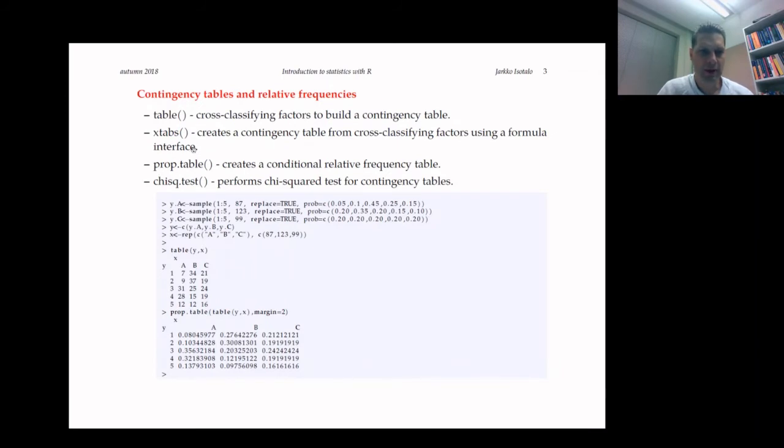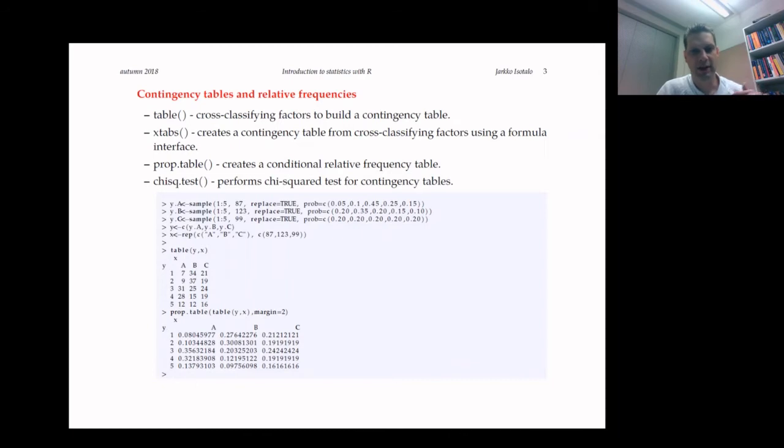And then there's an important function, prop.table, which creates the conditional relative frequencies we need to make our inference. And then there's a chi-square test function, which performs the chi-square test for this contingency table, pretty much testing the hypothesis that these conditional relative frequencies are equal across the different categories of the x variable.